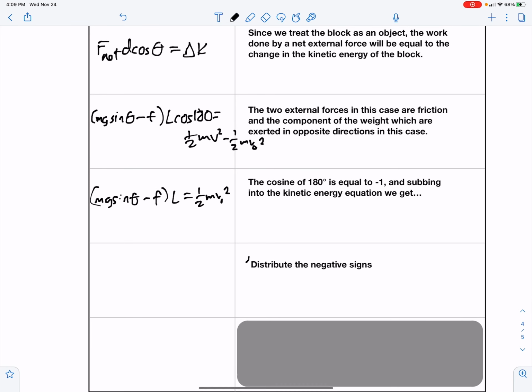Substituting for friction, we get mg sine theta minus mu mg cosine theta, that would be friction, times L2 equals 1/2 mv naught squared.